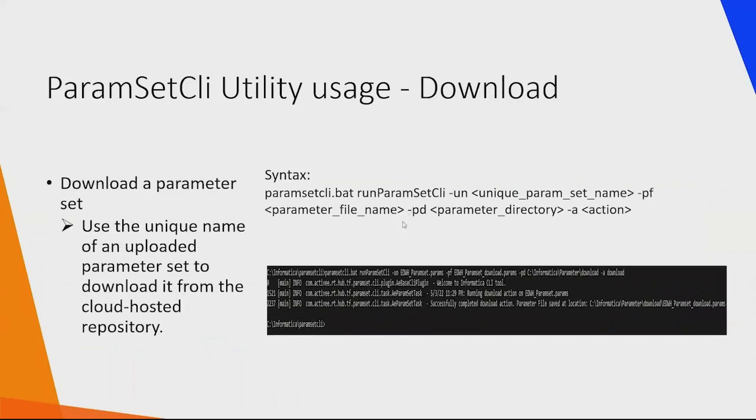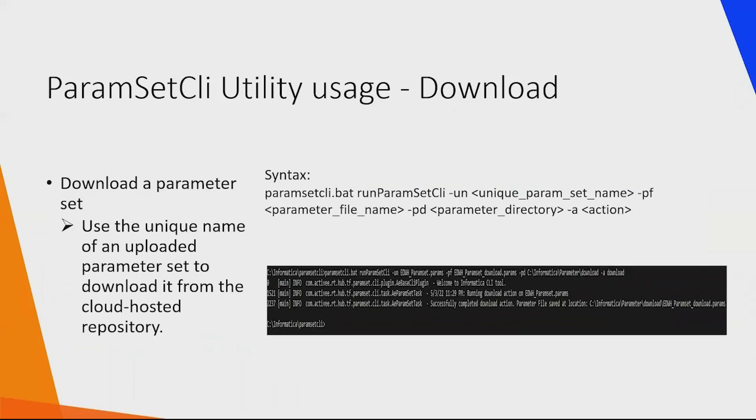But let's say someone else in your team has uploaded that, and you want to see the content of it. There is no way to see the content of the parameter set using this param set CLI utility. But instead, you can download that file from the cloud hosted repository, and you will get a copy and can see all the different entries. And if you want to modify it, you can modify that and re-upload it.